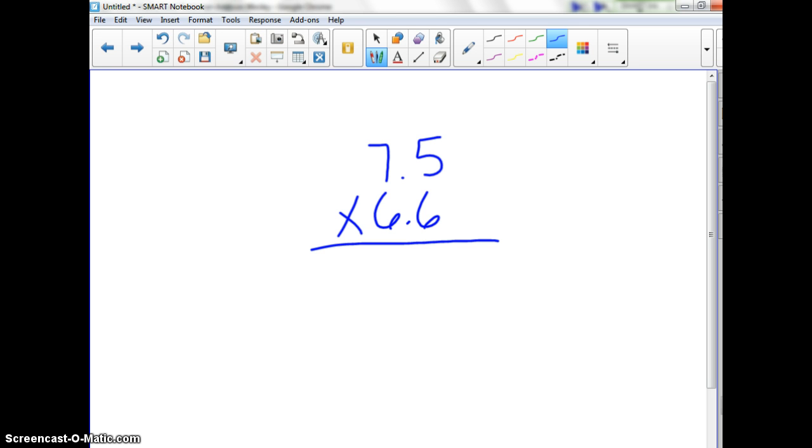Natasha, what's your first partial product? Your first partial product, the first line, what did you write? 450. Okay, if 450 is your first partial product, then 450 has to be your next partial product with a placeholder at the end, right? Yeah, so 450 with a placeholder.